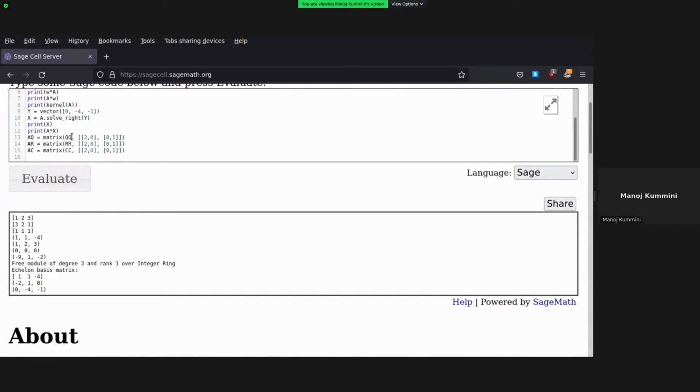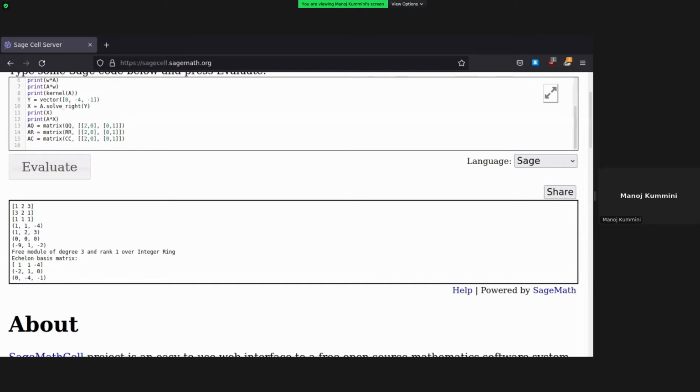And if you typically ask for some computation, it will say okay. So let us do this. Maybe I just do everything: print AQ, print AR.